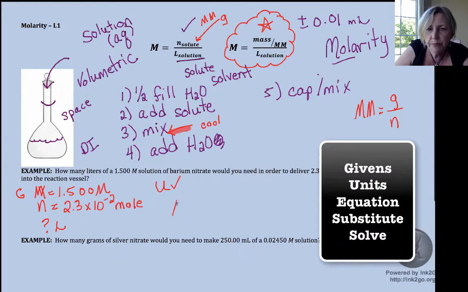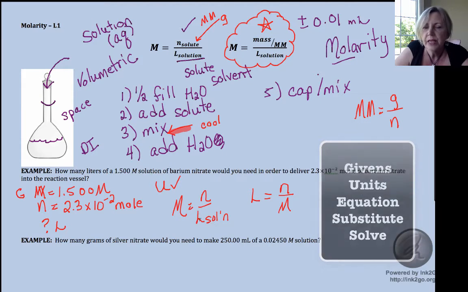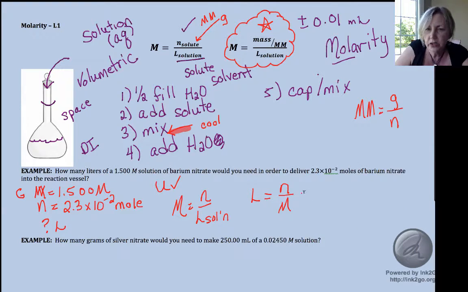Since we're dealing with moles, I'm going to use the simplest form: moles per liter of solution. I like to solve my literal equation before I plug in. You can plug in and then do the algebra, but I just like to do my cross multiplying first. I feel like it's a little less writing. So I cross multiplied to solve for my liters alone.